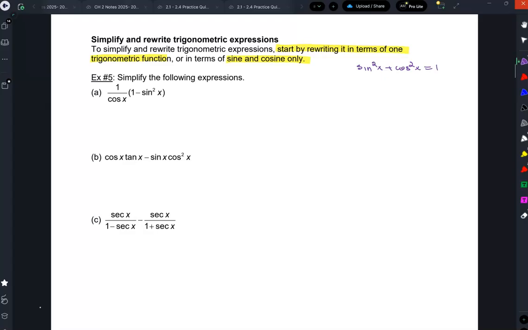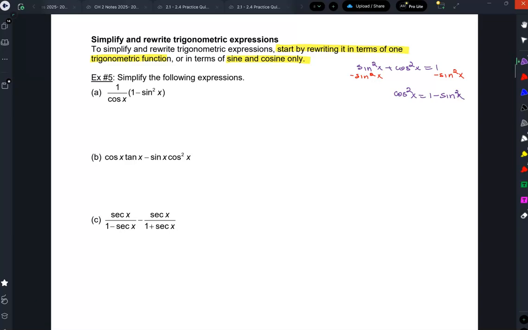Okay? Now, these identities are not rigid things. They could be maneuvered and the order can be changed as it suits my needs. So here, what I have is 1 minus sine squared. I want to make this look like that. The way in which I can do that is subtract sine squared x. So here I have cosine squared x is 1 minus sine squared x.